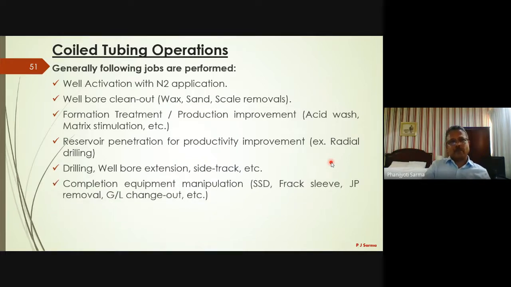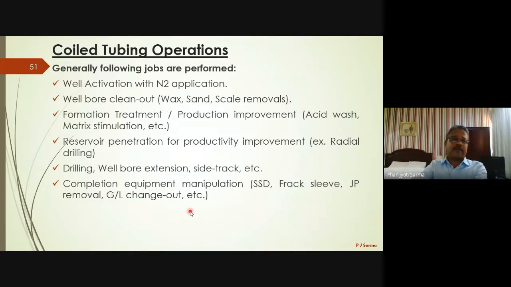Completion equipment manipulation, which means that a lot of times you have a lot of sliding sleeves installed either at the formation phase, the lower completion, or even the upper completion. Then there are frac sleeves. Multiple zones are to be fracked and then completed with the frac sleeves. Those downhole frac sleeve manipulations or sliding sleeve manipulations can be done with coil tubing. Apart from that, jet pump removal and gas lift valve change out can be done if it cannot be done with wireline.